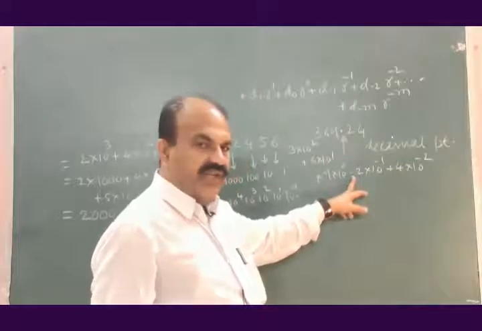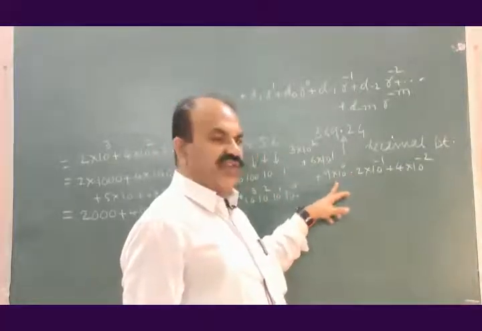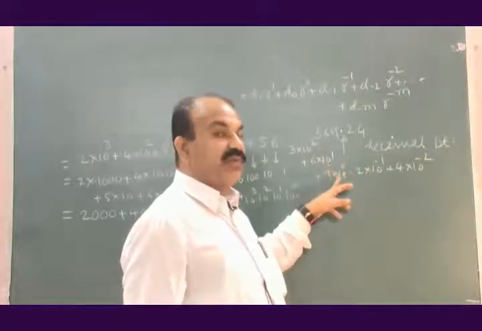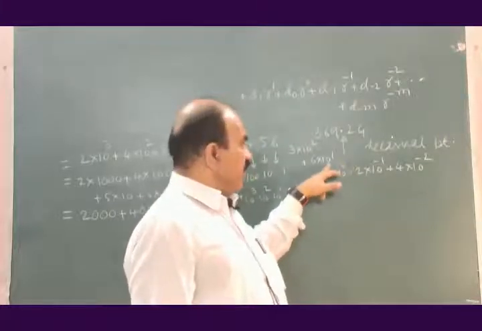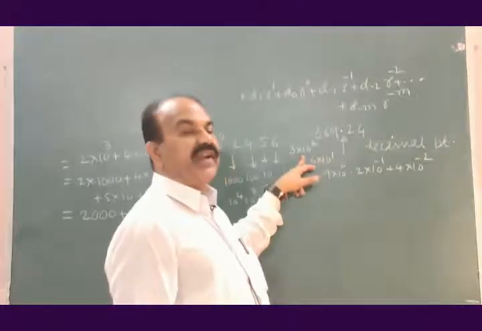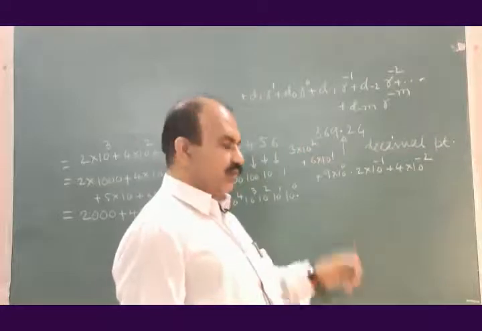From the decimal point, when we move towards the left, the weight of the first digit will be 10 to the power 0, the second digit 10 to the power 1, and the third digit 10 to the power 2.